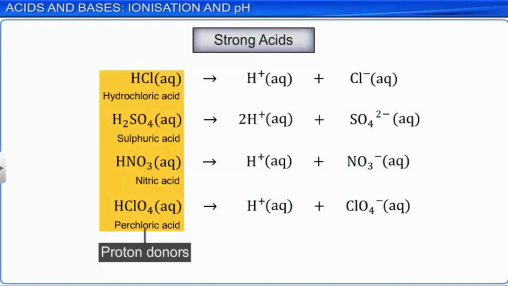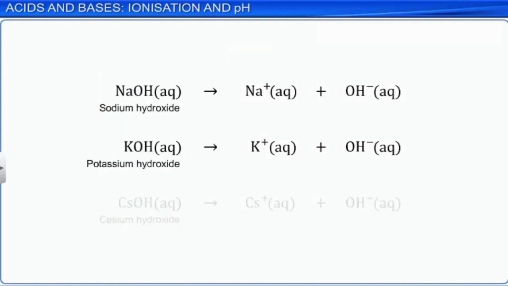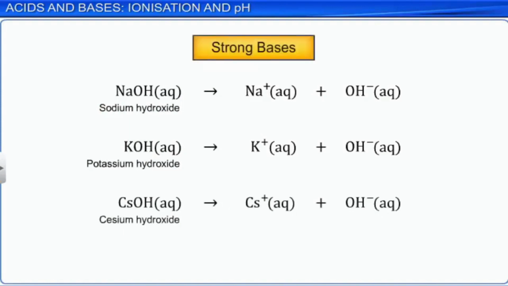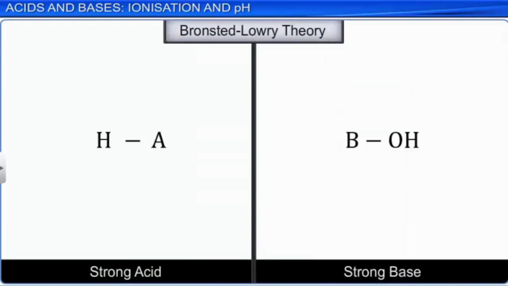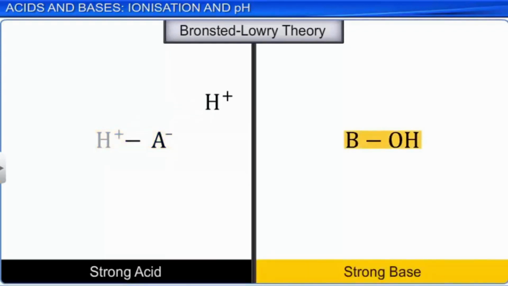Similarly, bases such as sodium hydroxide, potassium hydroxide and cesium hydroxide are also called strong bases as they undergo complete dissociation in an aqueous medium, furnishing OH- ions. In terms of the Bronsted-Lowry theory, a strong acid is one that readily donates the proton, while a strong base is one that readily accepts a proton.